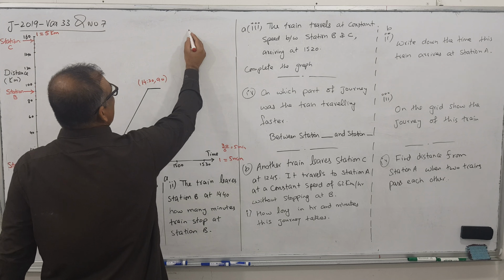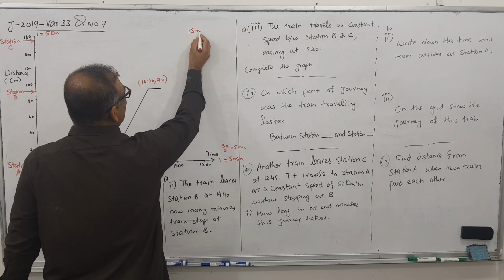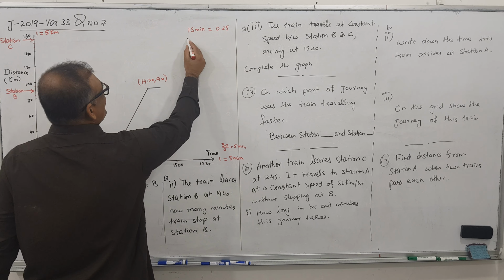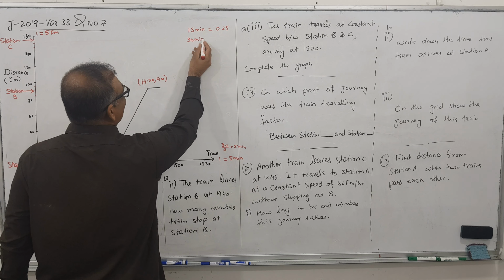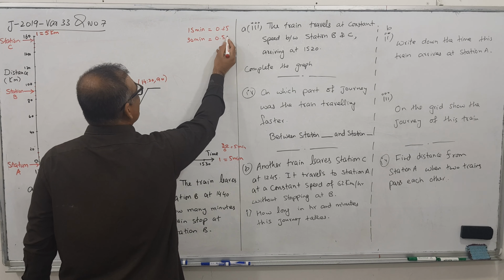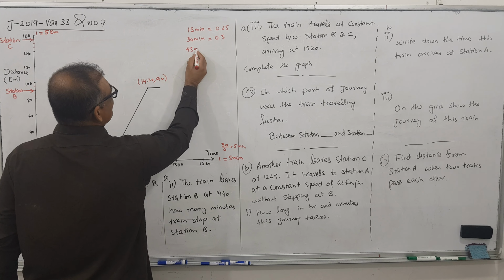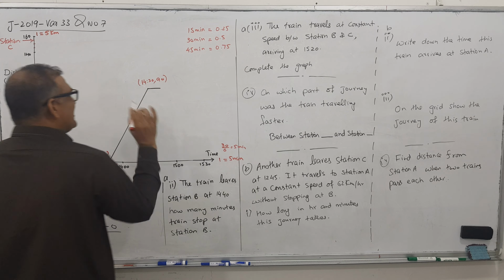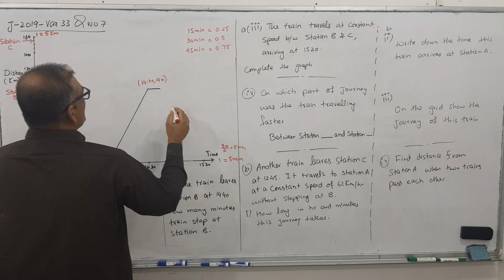I always say 15 minutes is counted as 0.25, a quarter, and 30 minutes counts as a half, so 0.5. 45 minutes counts as three quarters, so 0.75. But if you don't know, no problem, we can do another way.